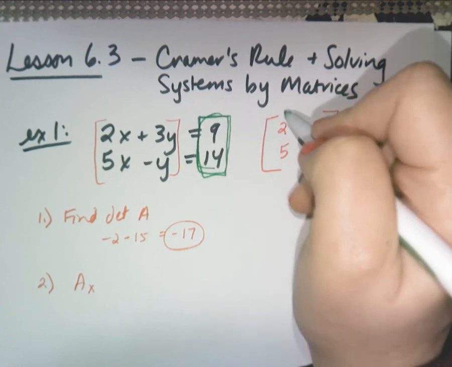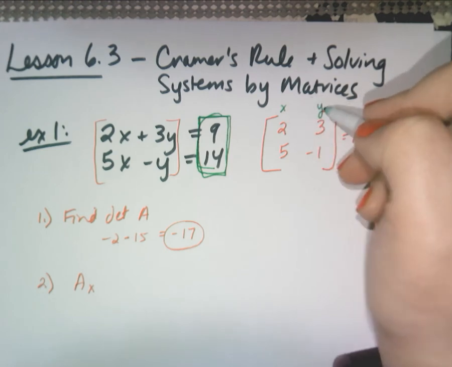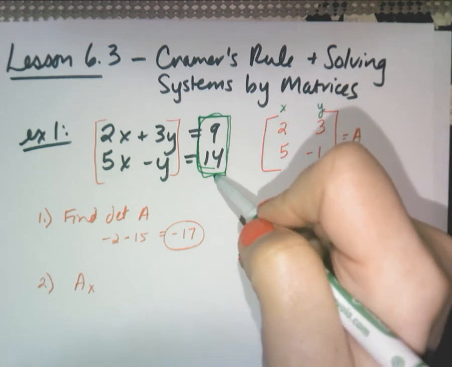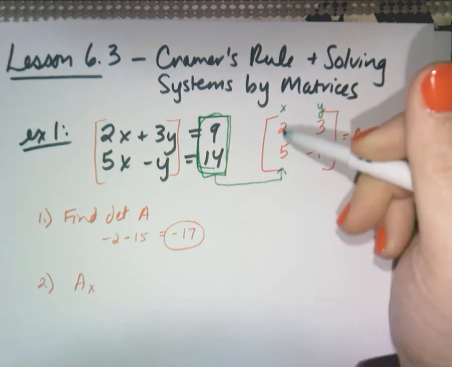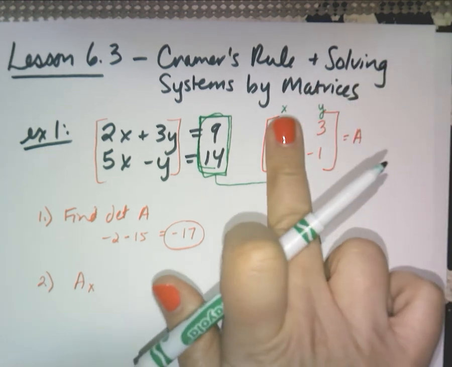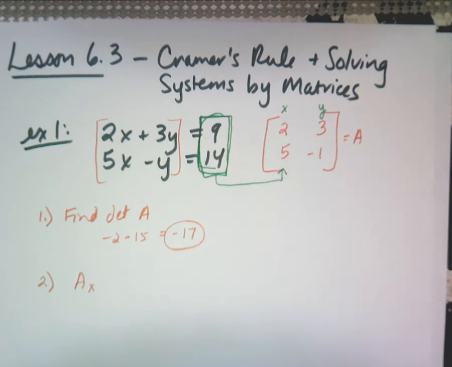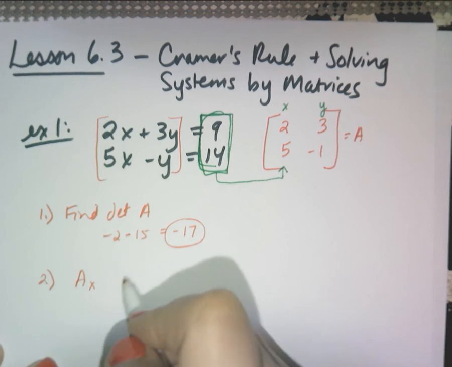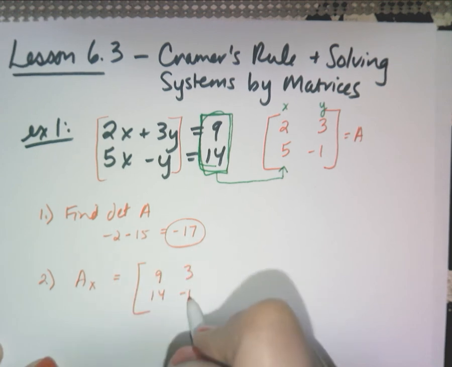This is your X column, right? These are the X's. These are the Y column. You are going to replace that into the X positions. So literally, you're going to take away 2 and 5, and you're going to put 9 and 14. And you're going to write a new matrix. So you're going to have 9, 14, 3, and -1.